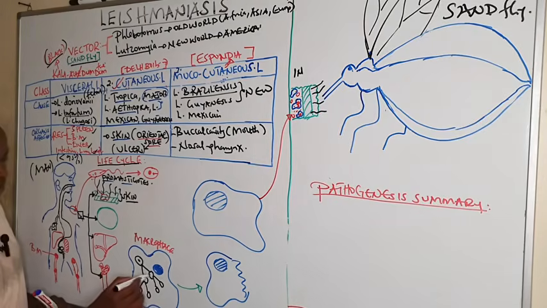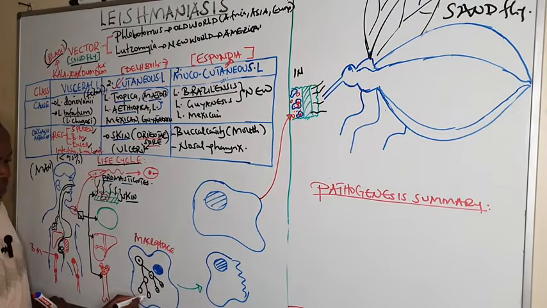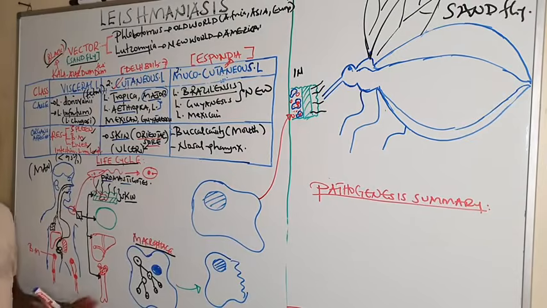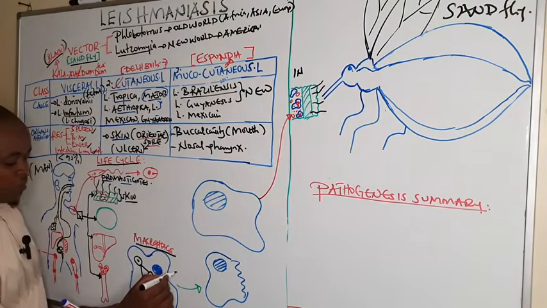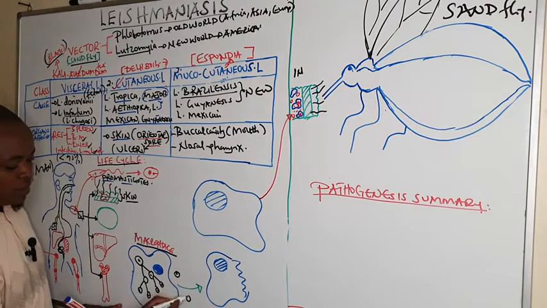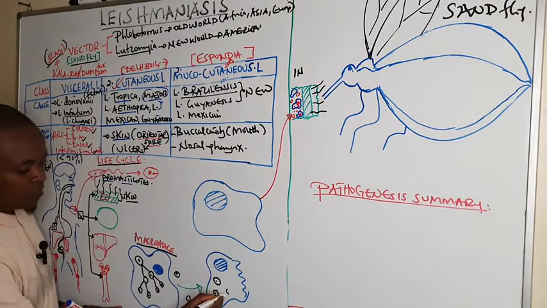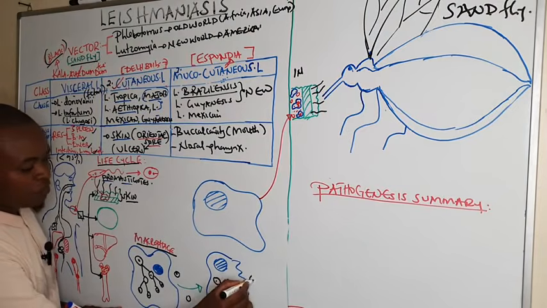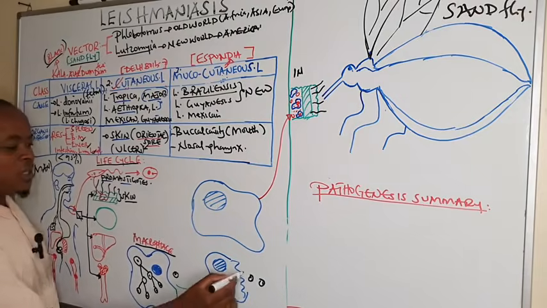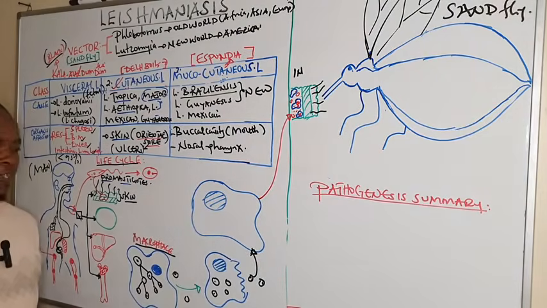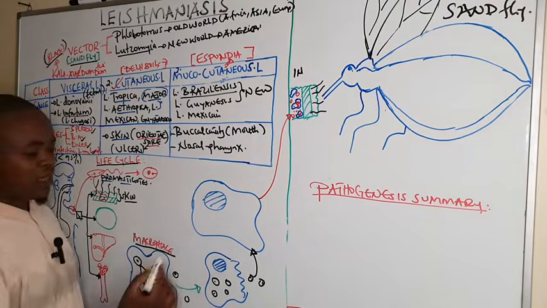More amastigotes continue to multiply, forming new amastigotes within the macrophages of the skin. These macrophages can rupture, releasing the amastigotes, which invade new macrophages by phagocytosis, so others are formed.